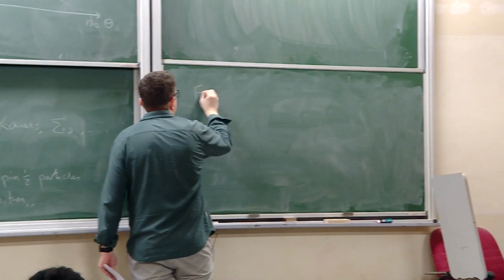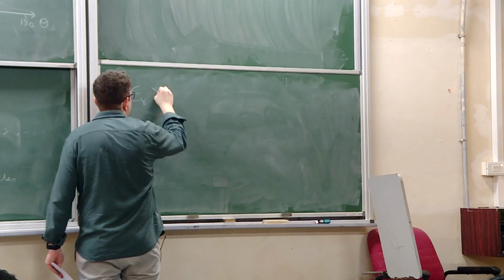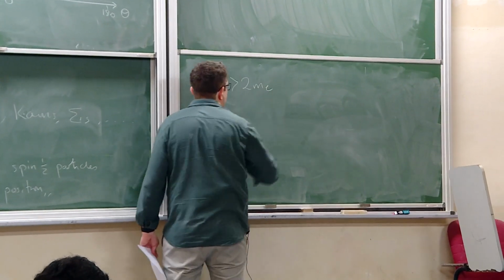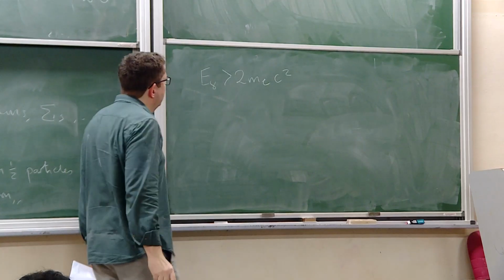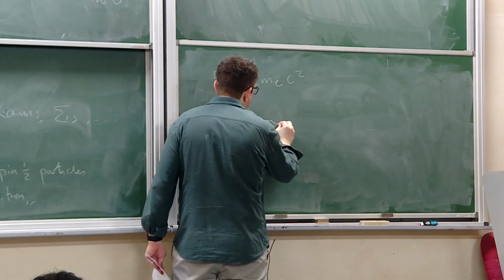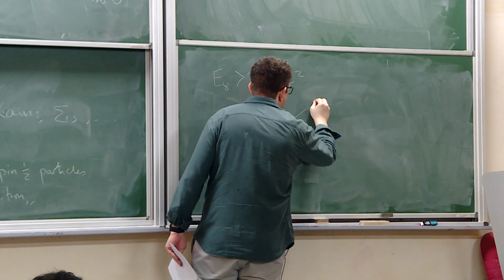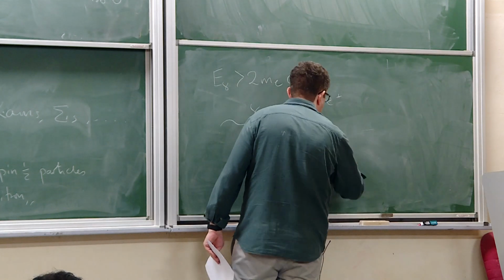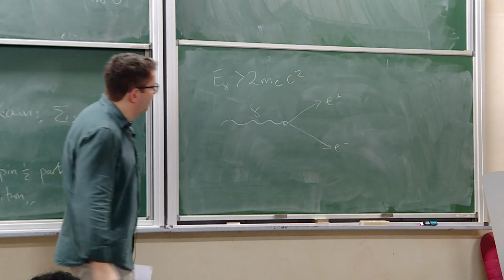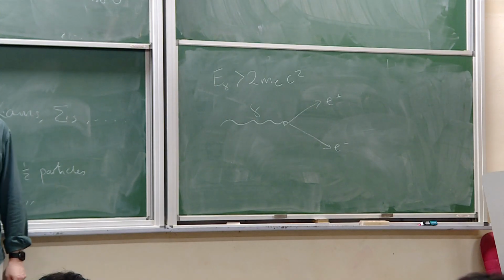If I have a photon with an energy greater than twice the mass of the electron, c squared, and I put it into a material, I can see an electron and a positron produced.